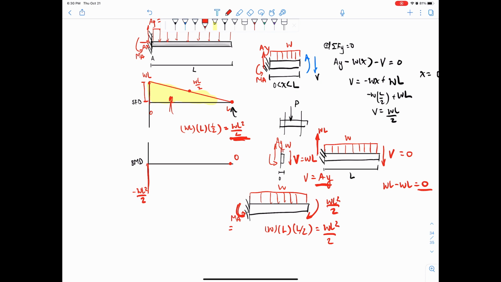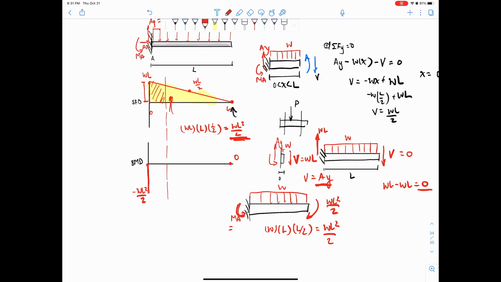Okay, so right now, if we think about this, this is a triangle, right? And if we were to add this area at any point, so if we were to take any chunk of this, that is how much we added to this, right?